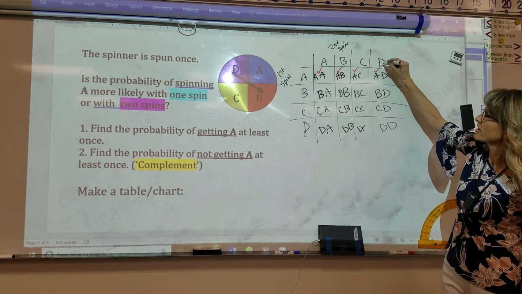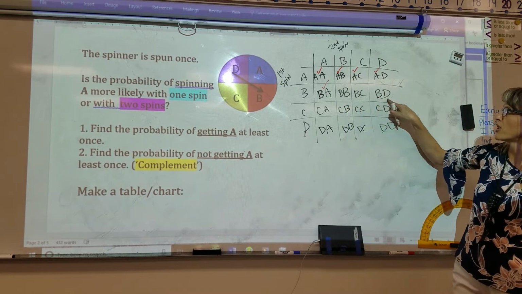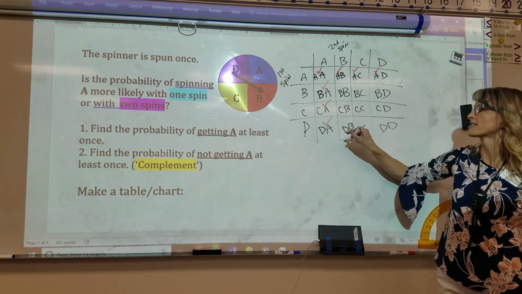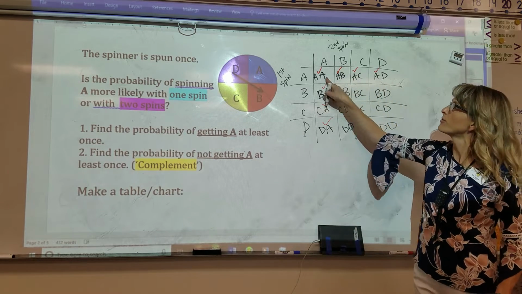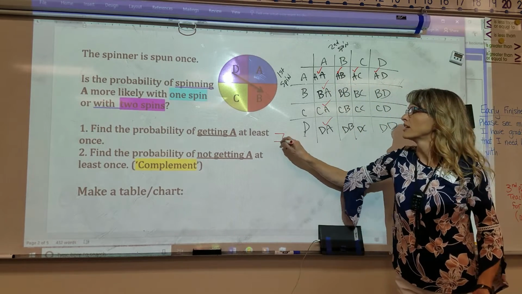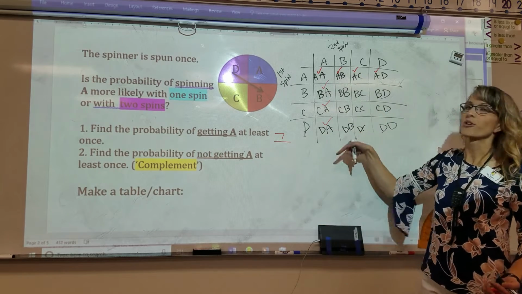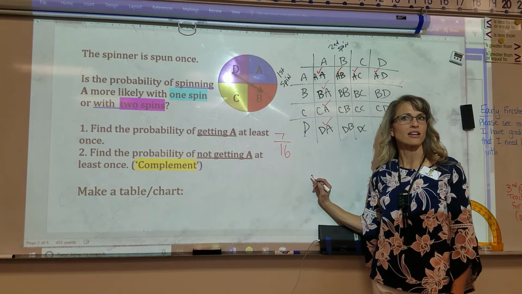How many A's happened? 1, 2, 3, 4, 5, 6, 7. Out of how many total trials did we do? We have a 4 by 4, so there are 16. So our probability is 7 over 16.